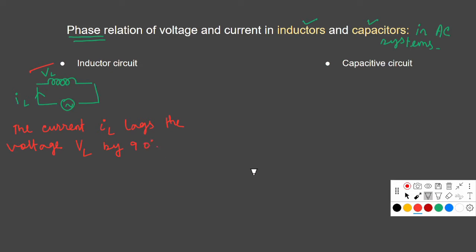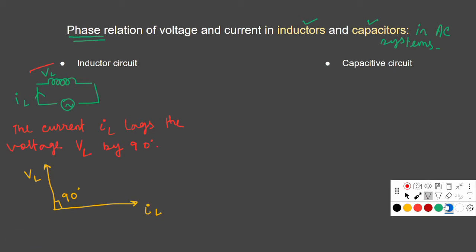We have to keep this in mind. If we draw the phasor diagram, it looks like this. If we have here current IL, the voltage is leading by 90°. So this is the scenario.